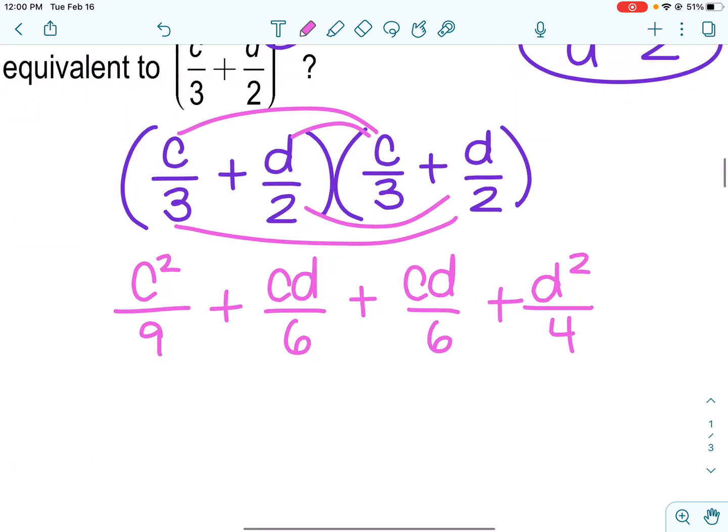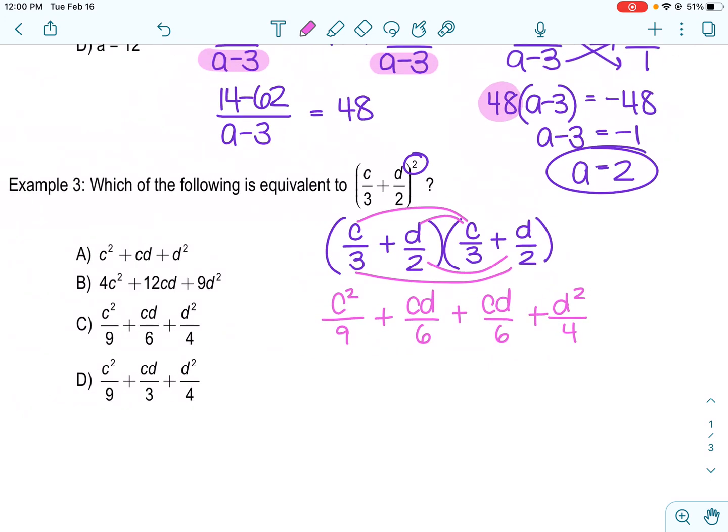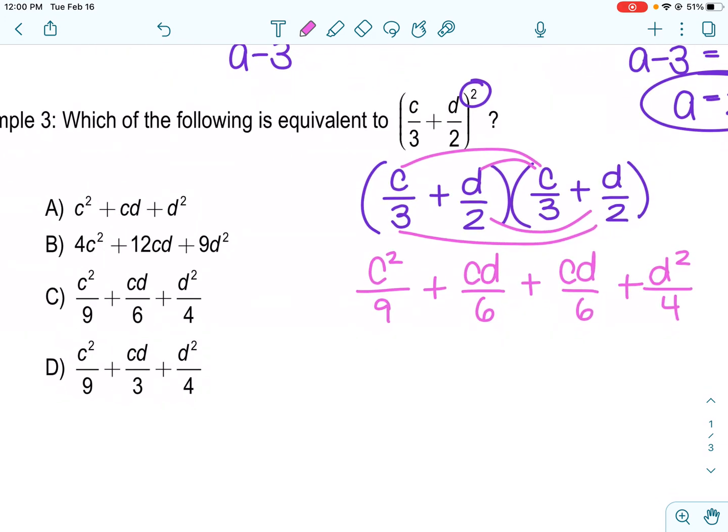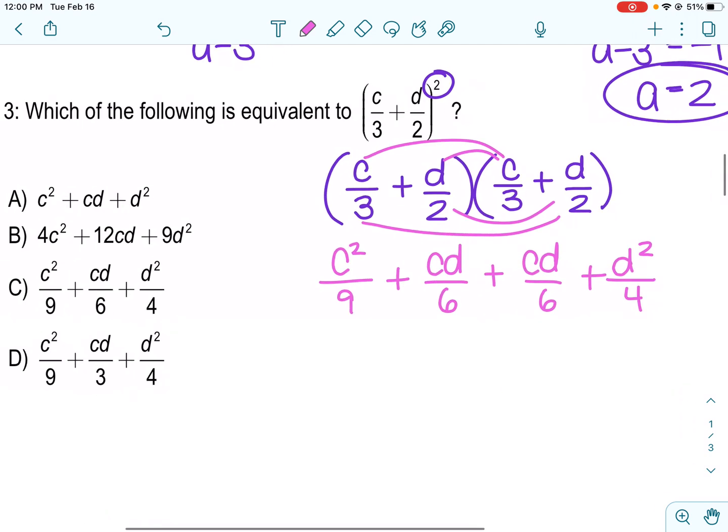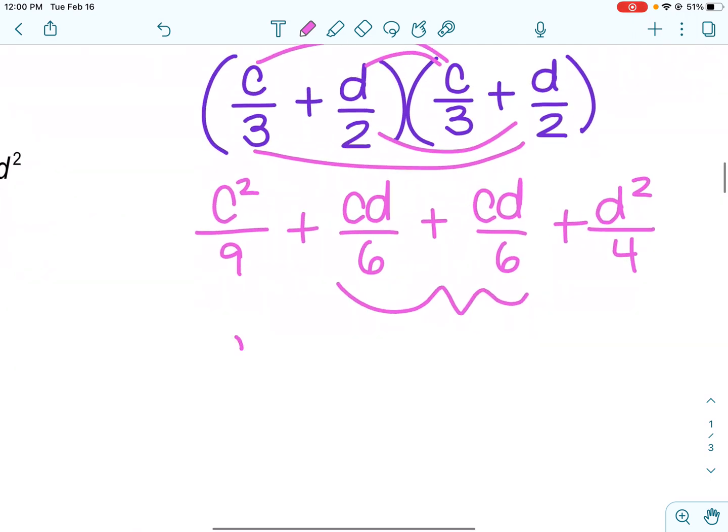Okay, it looks kind of messy, but if you look at our answers, this is actually what our answer is going to look like. So I recommend with this one, since it's not too bad, to just do it this way instead of plugging in values. I actually think in that case it might be a little bit more time consuming. Okay, so I need to combine these. So I've got c squared over 9 plus cd over 6 plus cd over 6 is actually 2cd over 6.